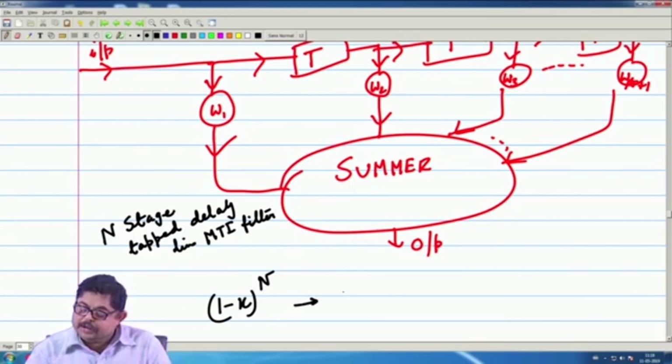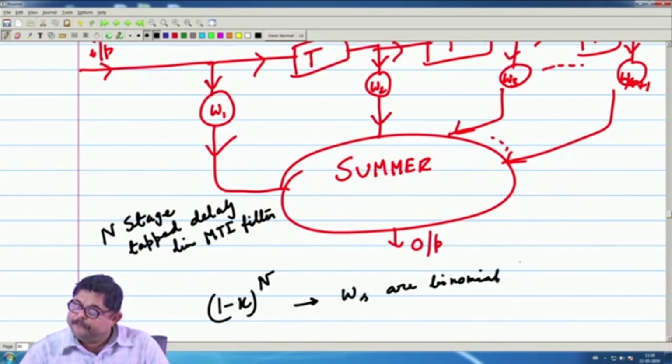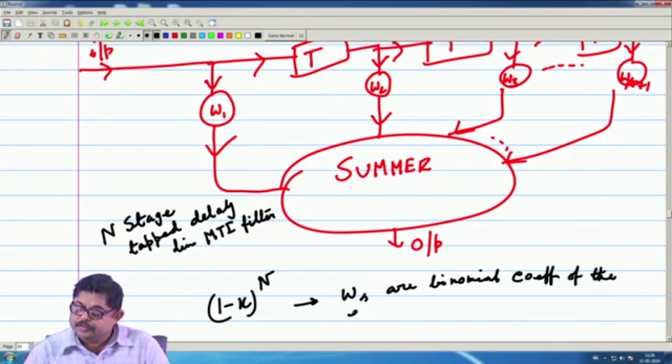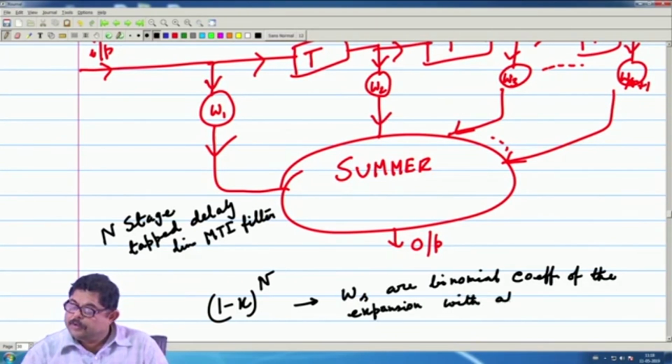So, I can say that the Ws are binomial coefficients of the expansion with alternating signs.